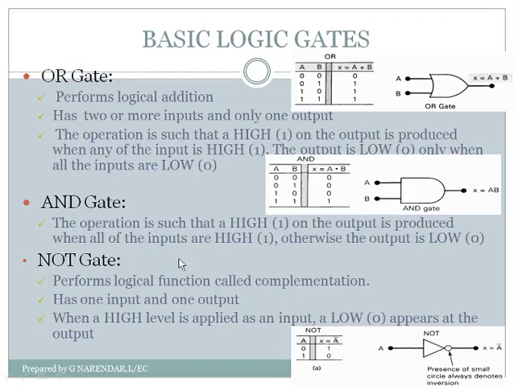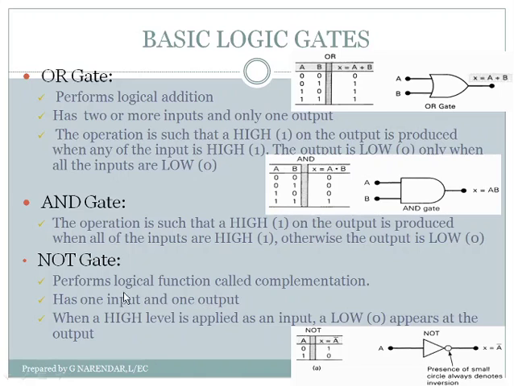So we have one more basic logic gate, called the NOT gate. The NOT gate performs a logical function called complementation. A special feature of the NOT gate is that it has only one input, and like all other gates it also has only one output.